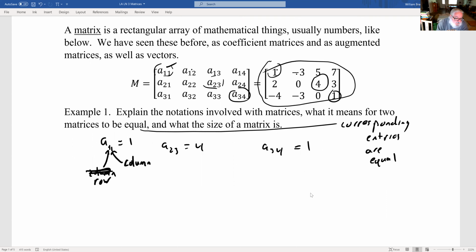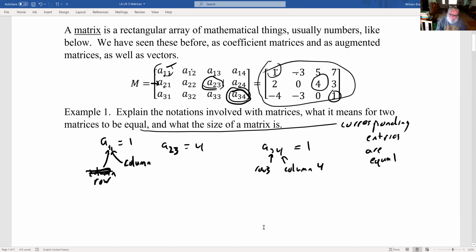So this is the element in the first row and first column, A11. This is the element in the second row, and it's in the third column. So row 2 is here, third column. Row 3, column 4, A34. So row by column.